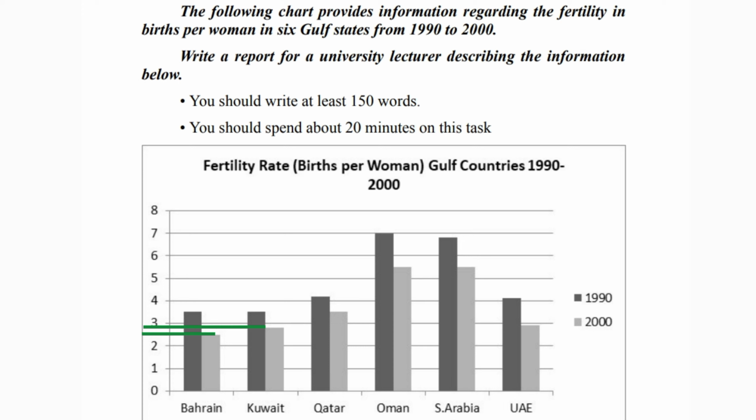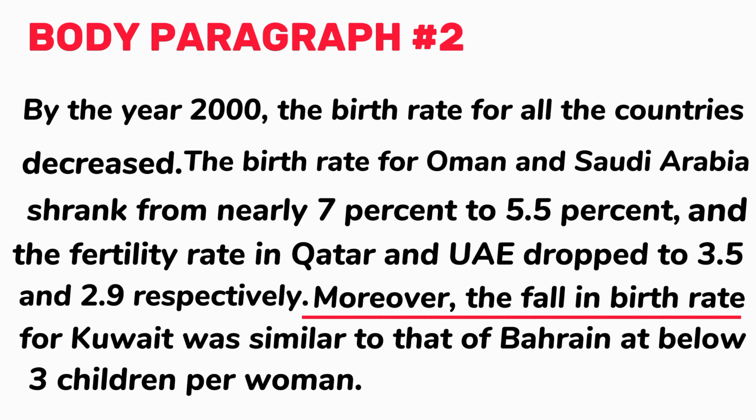Now, instead of writing 2.5 and 2.8, I can write below 3 children per woman. Moreover, the fall in birth rate for Kuwait was similar to that of Bahrain at below 3 children per woman. Here also I described a similarity. Similar, so it's a comparison.